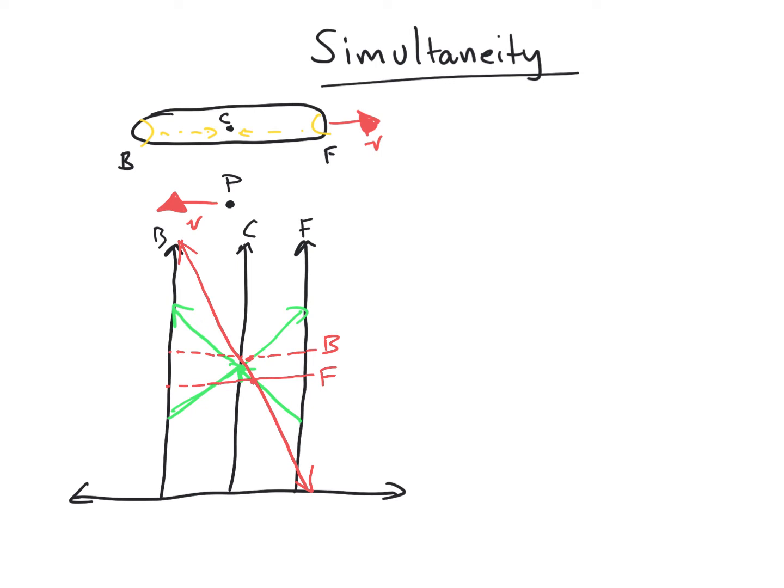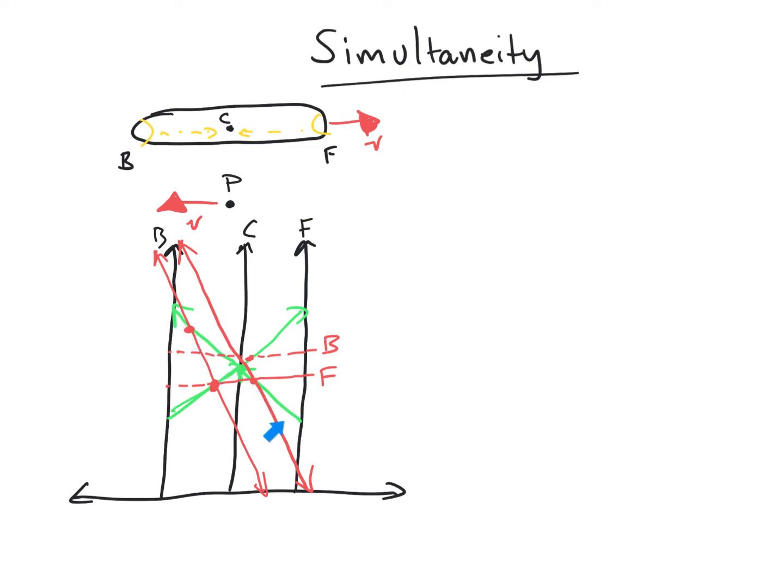Depending on where P is at any particular moment in time, it will not be simultaneous. I could have drawn P's reference frame over to the side here, and I would have got the same result, except this time it would have seen the light from the back of the train before the light from the front of the train, because the light was traveling in this direction.